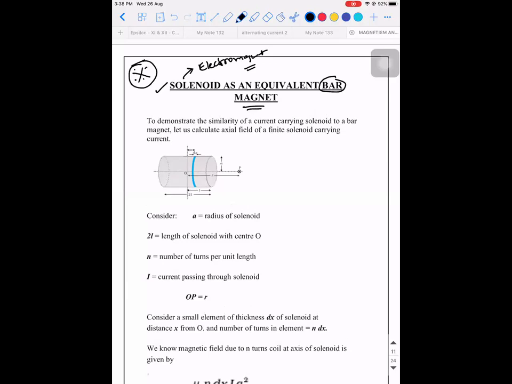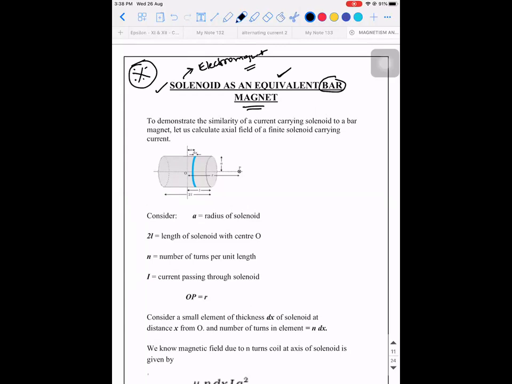Now, see, for us to establish the relation, what we need is, we need to first consider a solenoid. Okay. If you take a solenoid where the windings are very close to each other, you can approximate it to a cylindrical shape. Right?